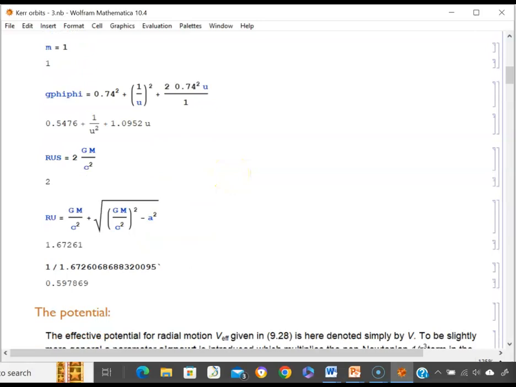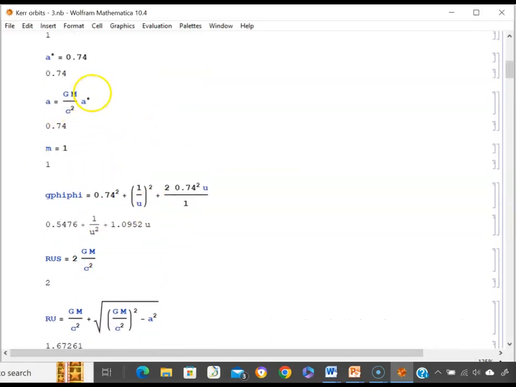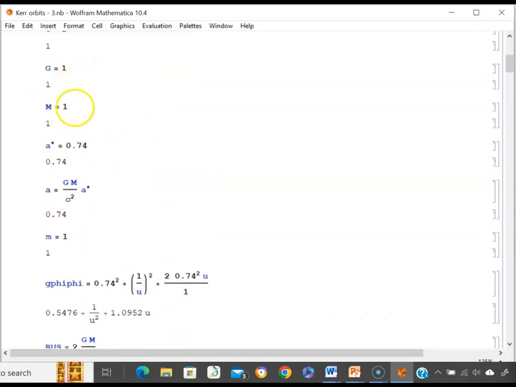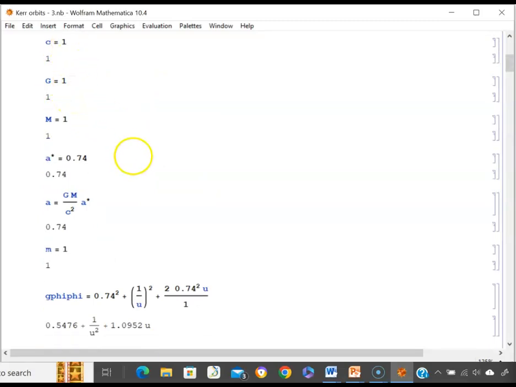Okay, so the stationary limit surface is 2 lots of GM on c squared, which is just 2 in these units. Source mass M is set to 1, the gravitational constant set to 1, the speed of light set to 1. This is the dimensionless spin parameter, and I'm thinking of a particular Kerr black hole, a quasar, a billion solar mass quasar.